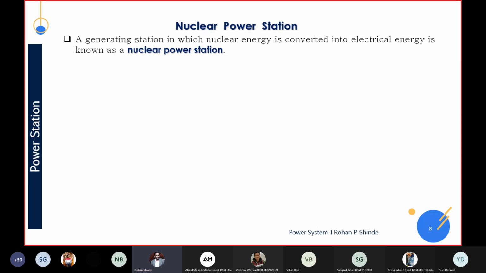That means a nuclear reactor is there, and in that nuclear reactor, nuclear energy is there. That nuclear energy gets converted into a mechanical rotation of the turbine.